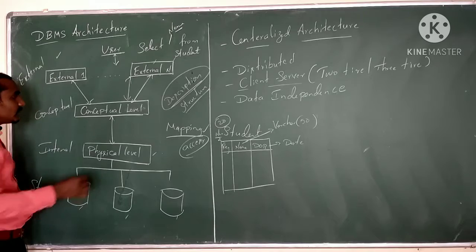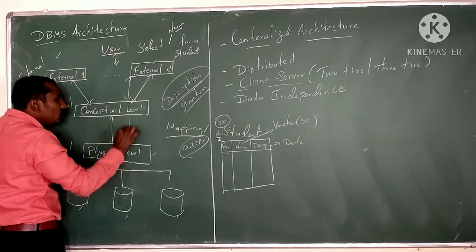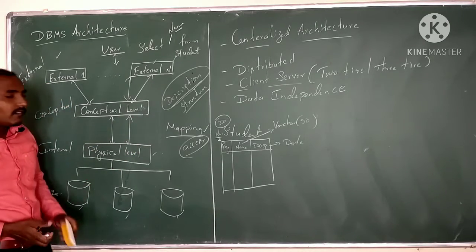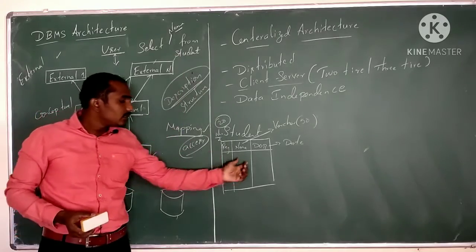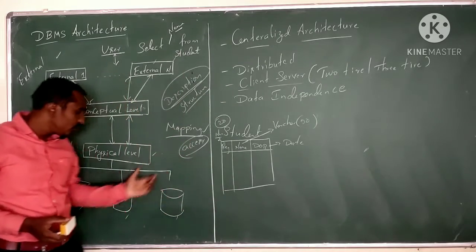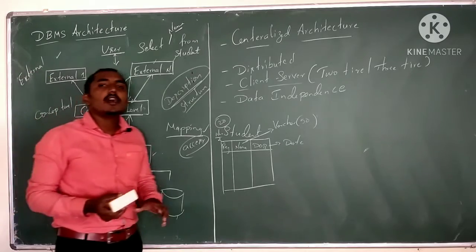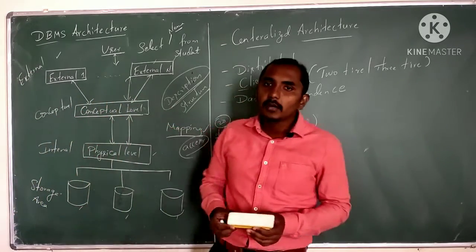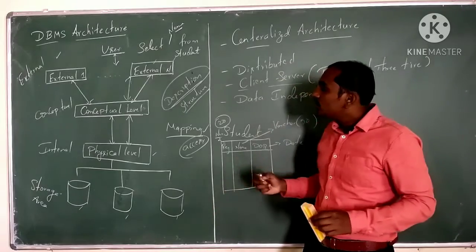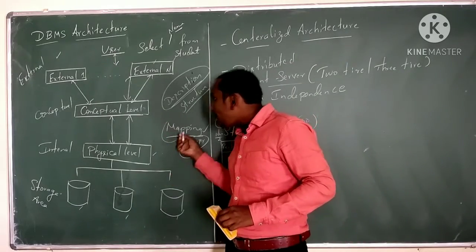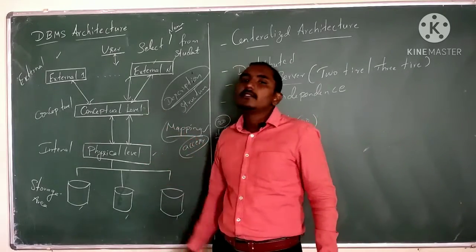Once that is done, if it exists, then it goes to the physical level. In the physical level, it accesses the values of name where they are stored in the hard disk. It should search in which location it is stored, and how to access that particular database or table. Those things are done through mapping between the conceptual level and the physical level.